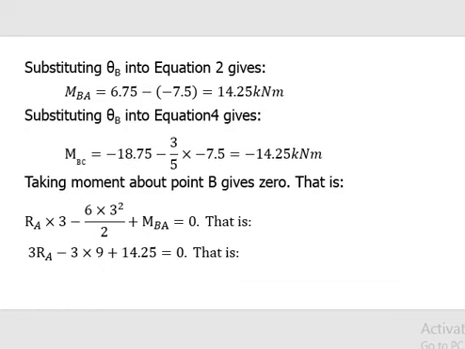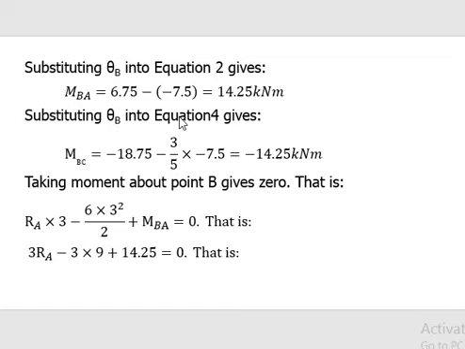I'm sorry, there is a mistake there. Let's start afresh. Substituting theta B into equation 2 gave us the value for MBA, that is 6.75 minus in brackets minus 7.5, that is giving us 14.25 kilonewton meter.